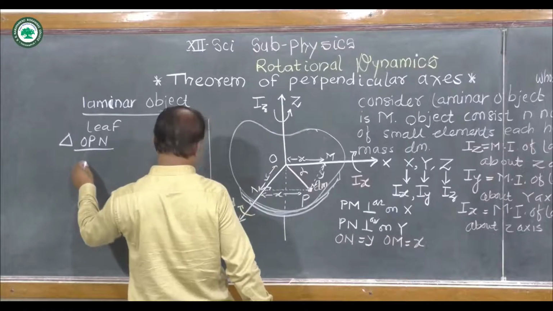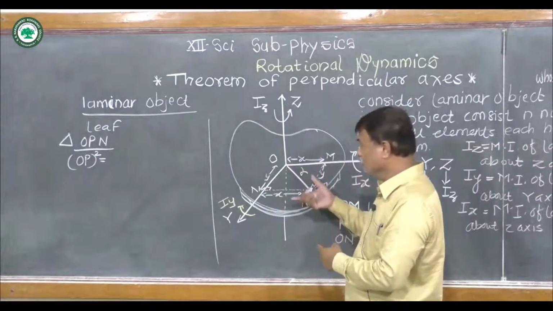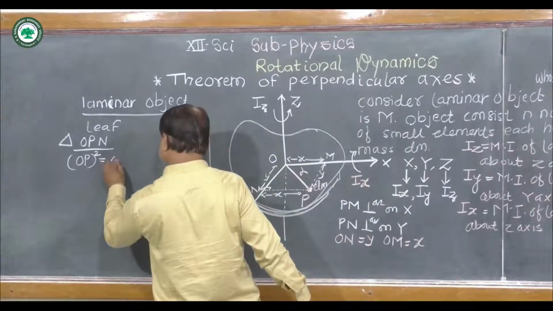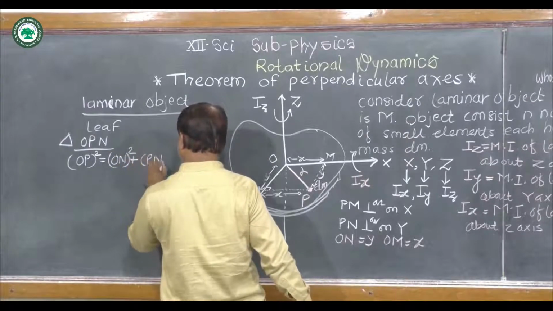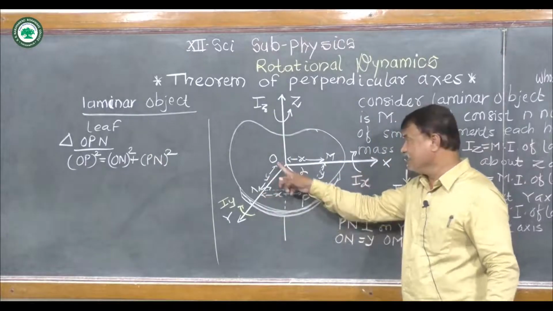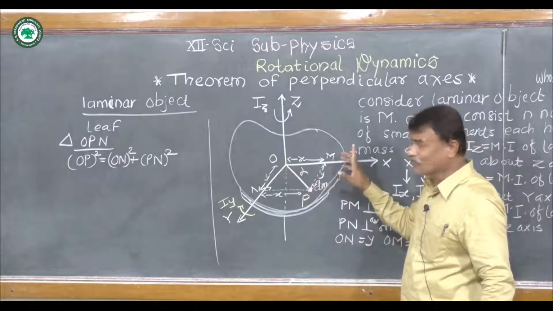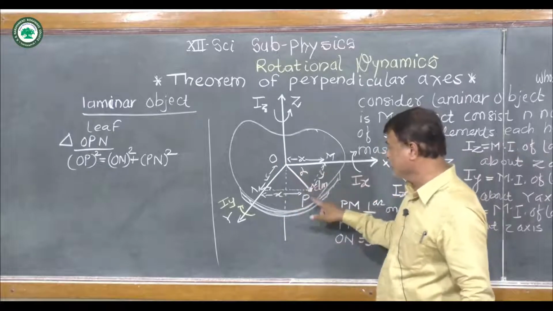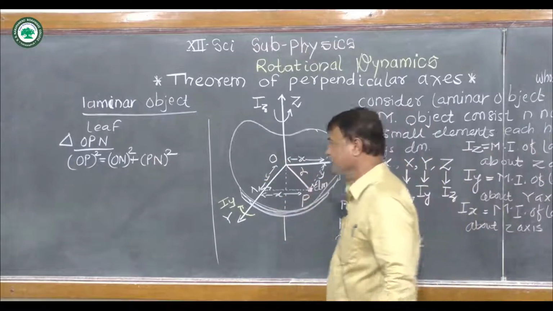By using the Pythagoras theorem, OP square is equal to ON square plus PN square.